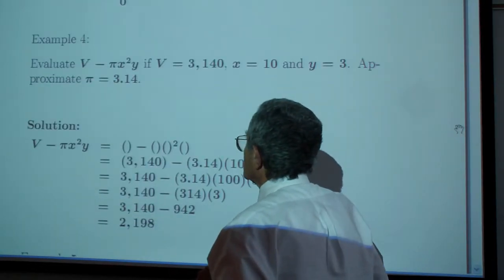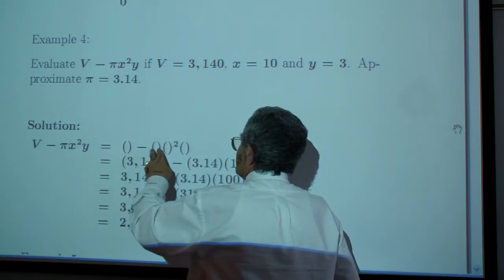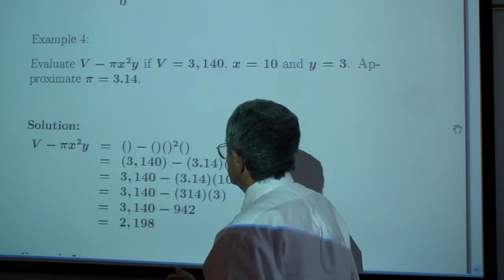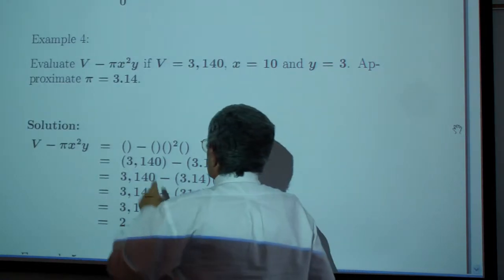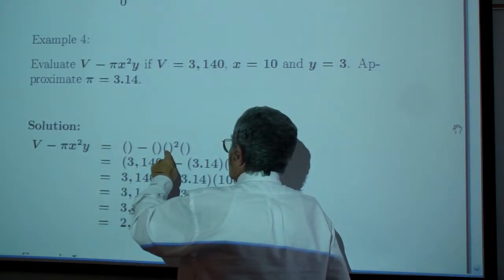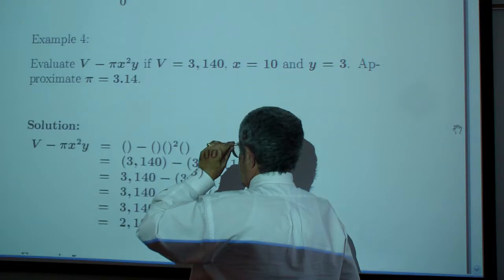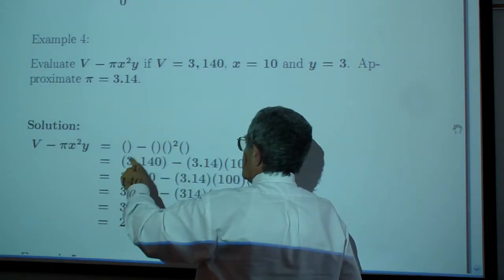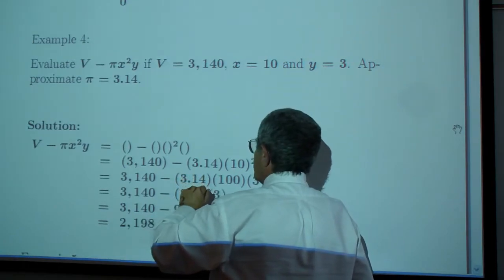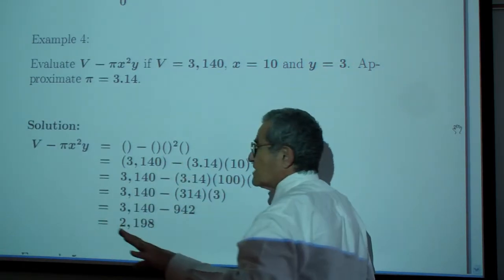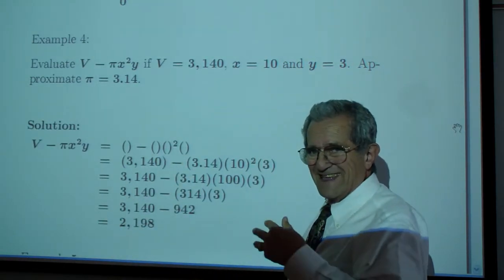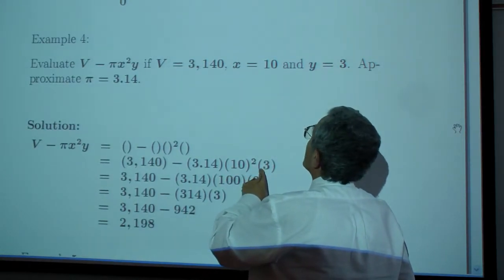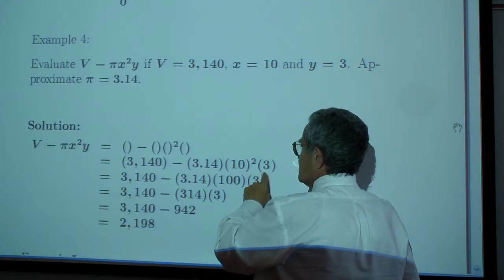Example 4. Open your parentheses for v, for pi, which is not really a variable, and x and y. And drop in the numbers. V was originally 3,140. Pi is approximated to be 3.14 in our examples. X is 10 and y is 3.